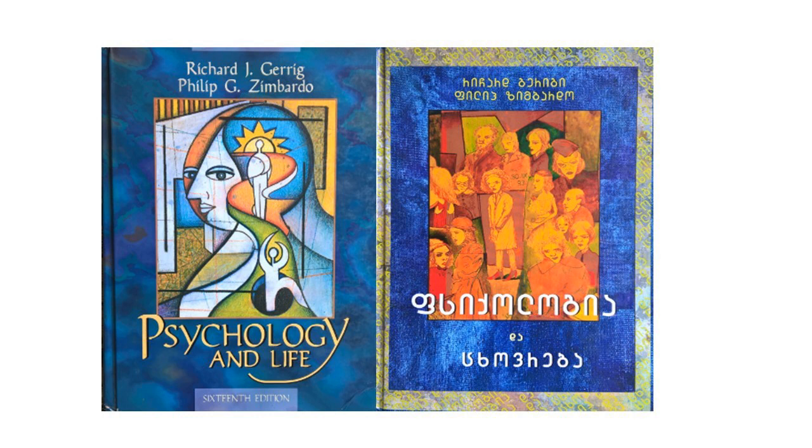Philip G. Zimbardo is professor of psychology at Stanford University, where he has taught since 1968, after earlier teaching at Yale University, New York University, and Columbia University.